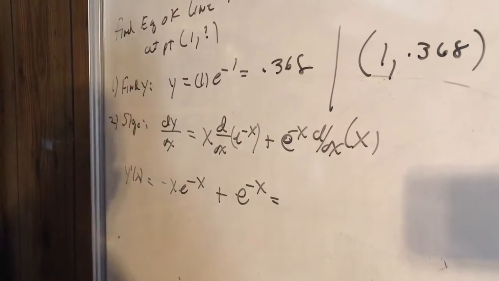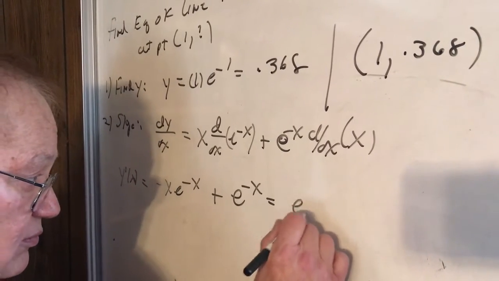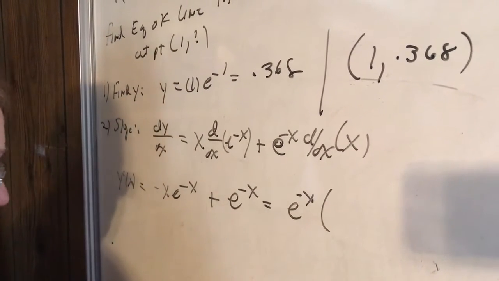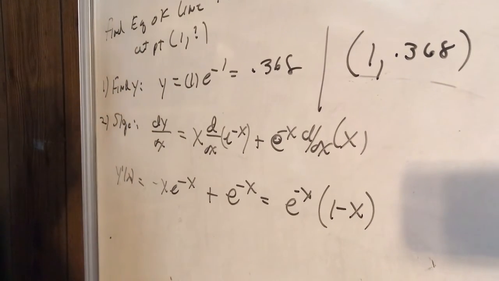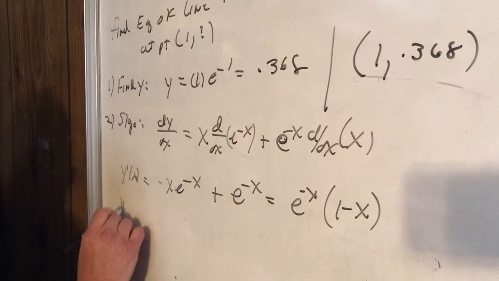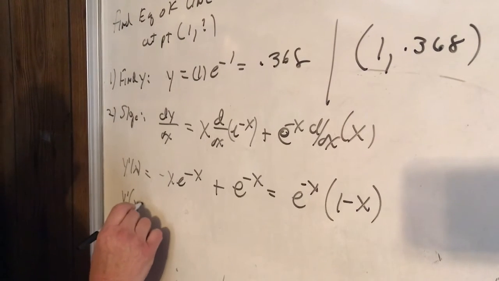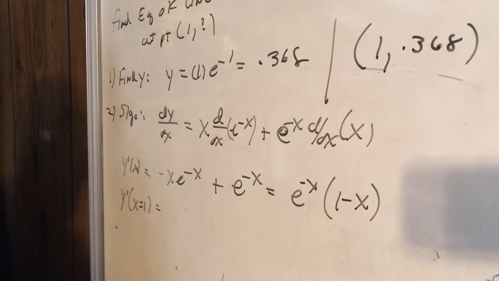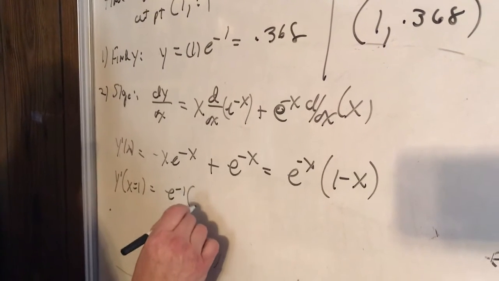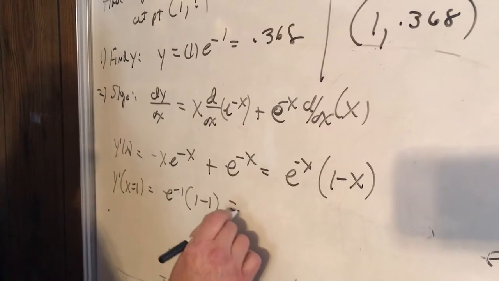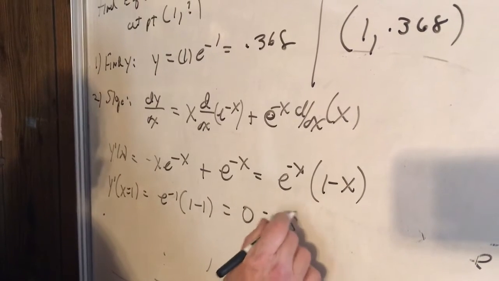I can factor out the e to the minus x if I want, leaving me with 1 minus x. And I want to find the derivative at x equals 1. Well, that's e to the minus 1 times (1 minus 1), that's 0. So I have a 0 slope.